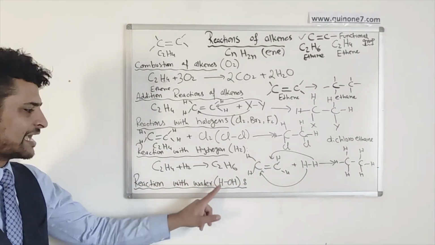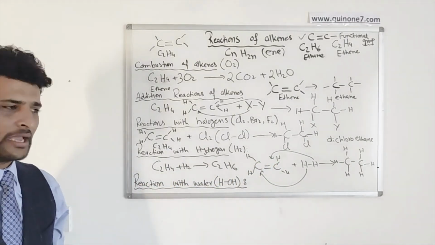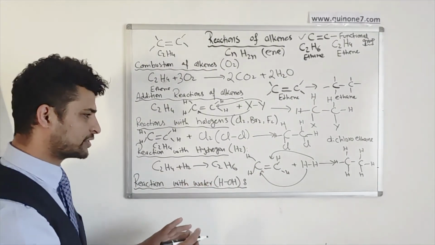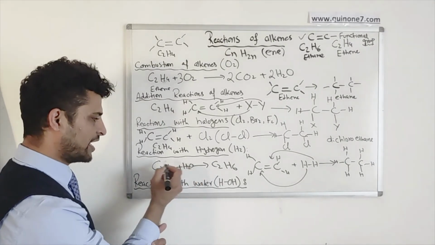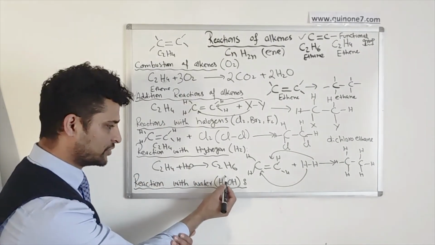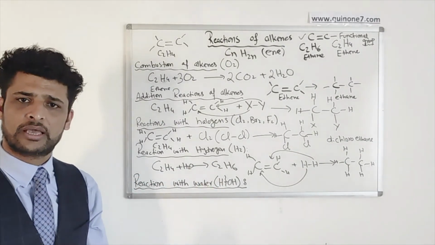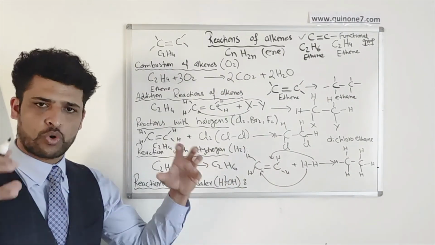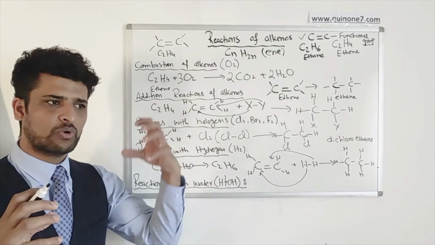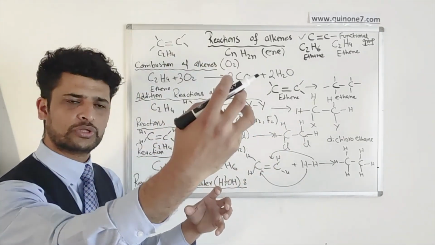Now the last one is the reaction with water, and I'm not going to draw it again. I'm just going to change this reaction. If I put H2O there, H2O means that you have an H and an OH group. These two will split into H and OH groups. H will go onto one carbon atom, and OH will go onto the other carbon atom.